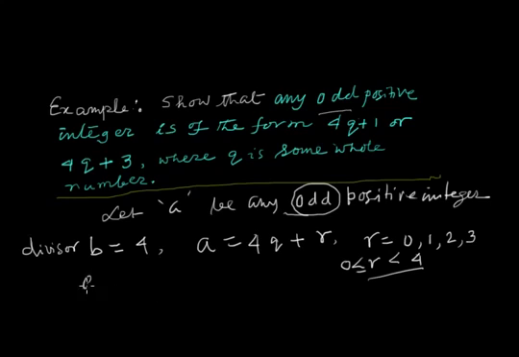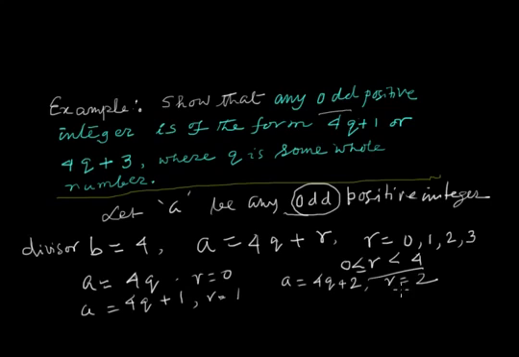Therefore a may be 4q when r is equal to 0. a is equal to 4q plus 1 when r is equal to 1. a is equal to 4q plus 2 when r is equal to 2. a is equal to 4q plus 3 when r is equal to 3. Now the first one, a is equal to 4q, is an even number because it is a multiple of 4.